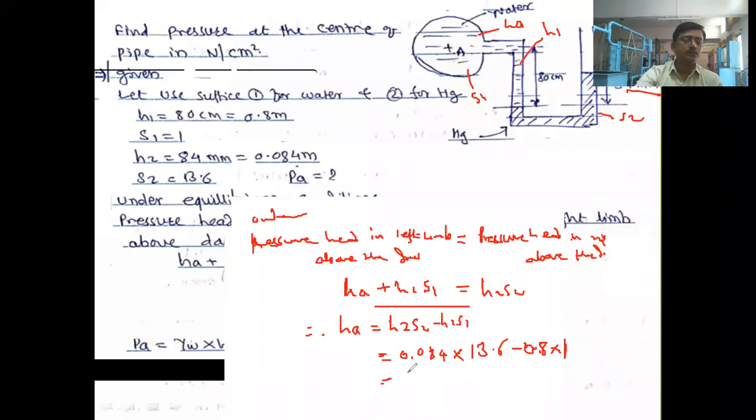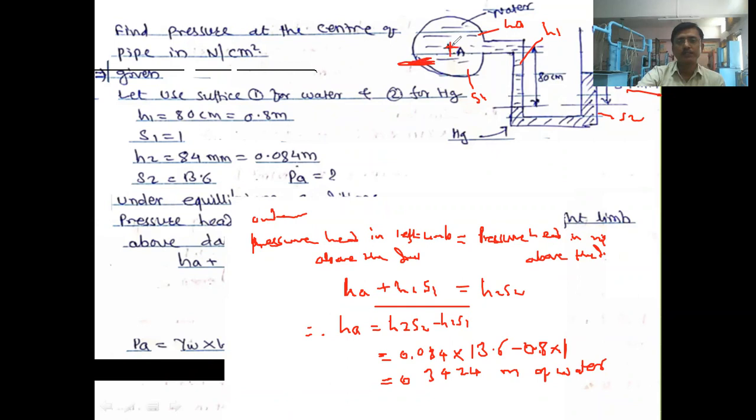After calculation, what has come? 0.3424. 0.84 into 13.6 minus 0.8. Correct. 0.3424 meter of water. So this is the pressure head you got here in the pipe.